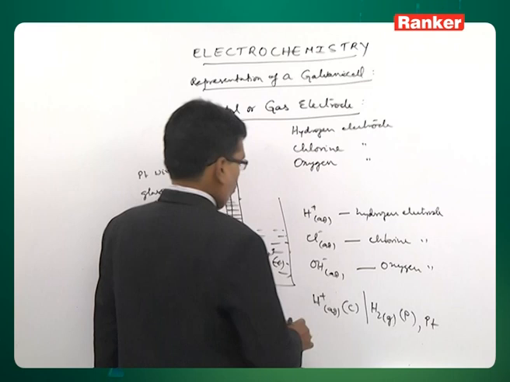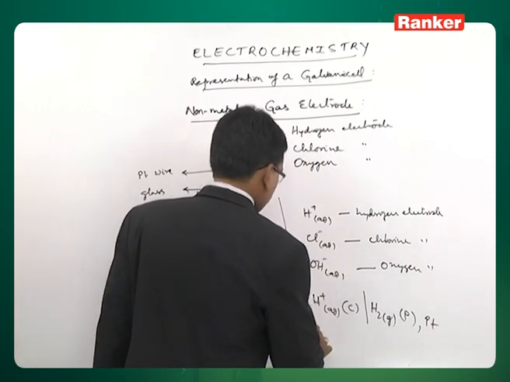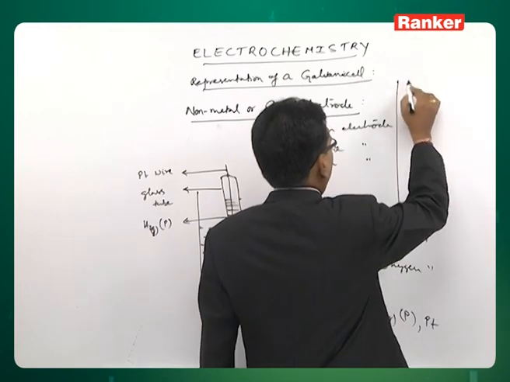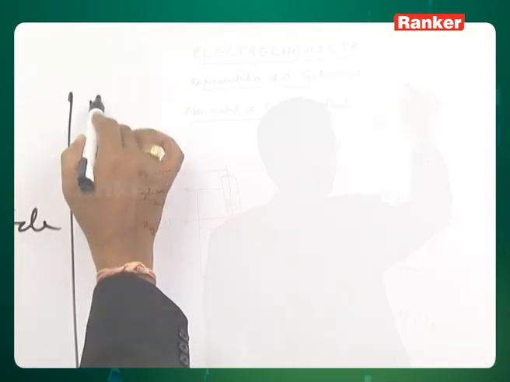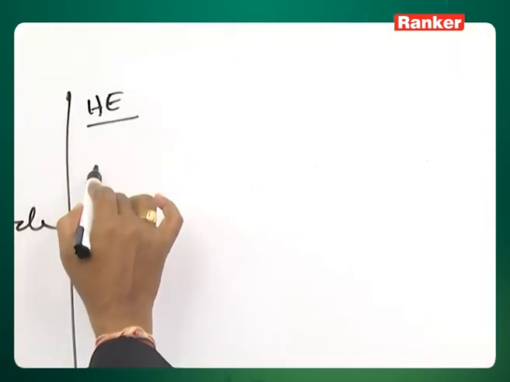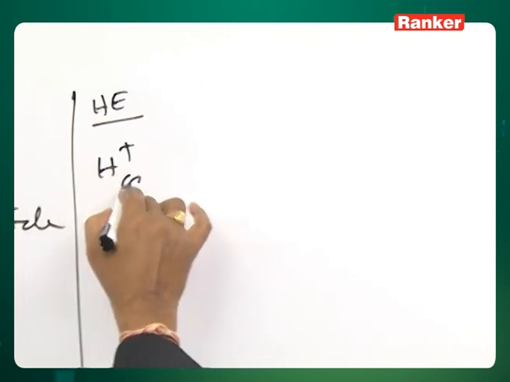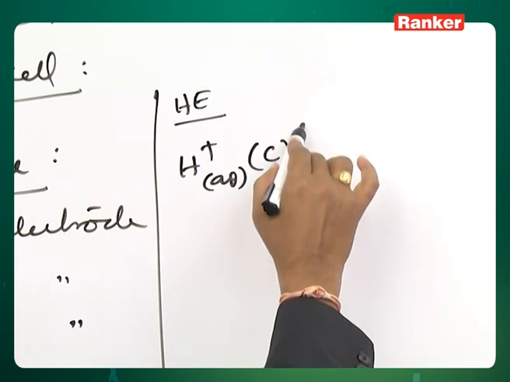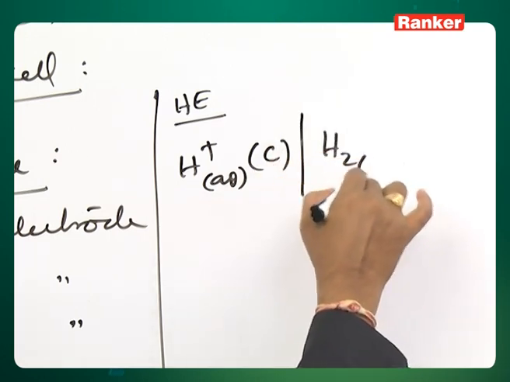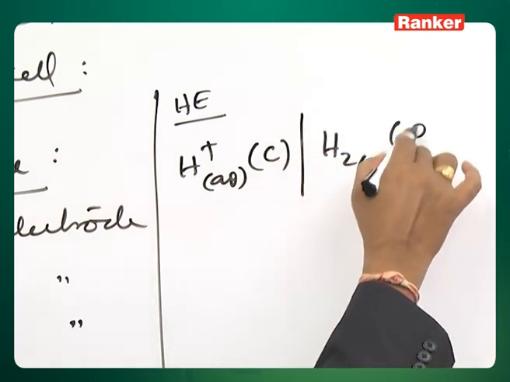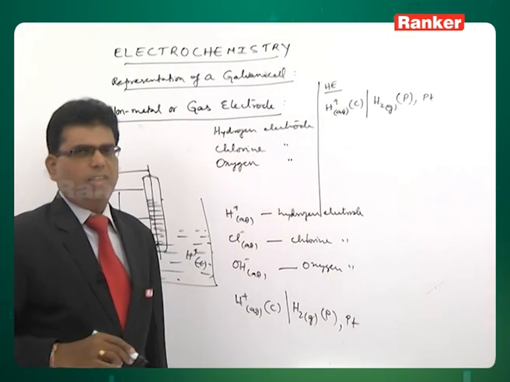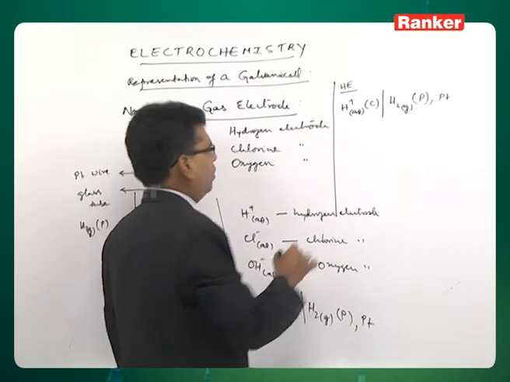So the hydrogen electrode is H plus aqueous at concentration C mole per liter to hydrogen gas at a pressure P, with platinum wire inserted. That is the representation for the hydrogen electrode.